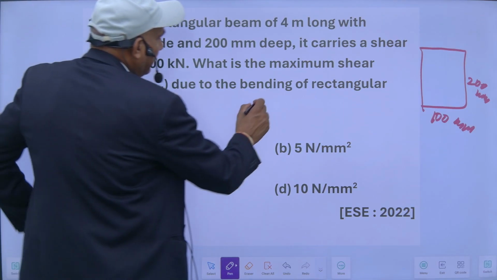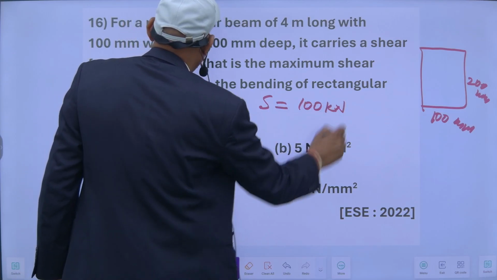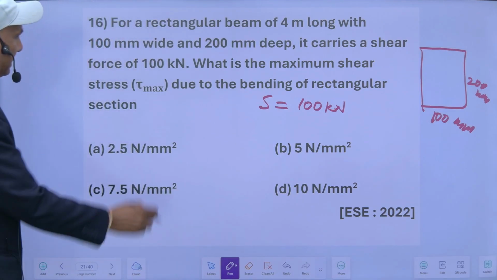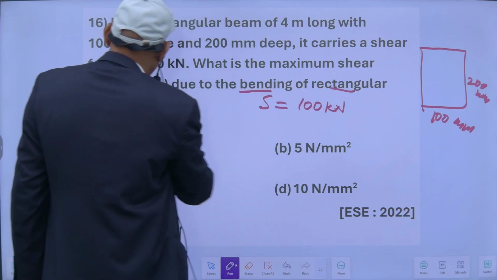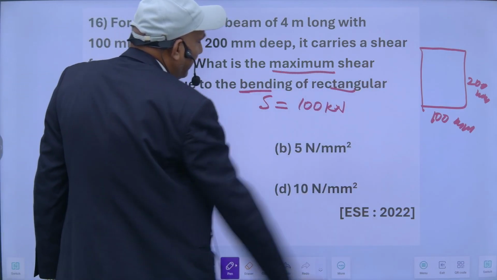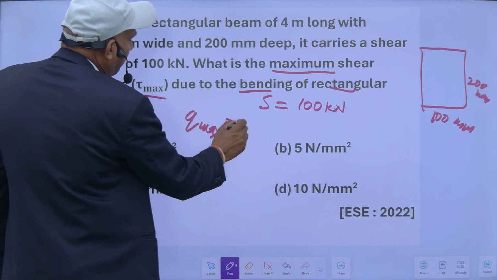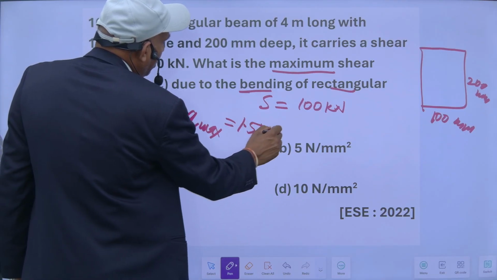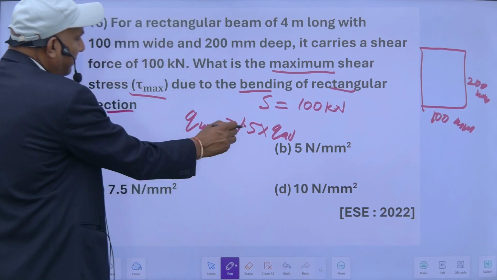Means shear force S is equal to 100 kilonewton. What is the maximum shear stress, tau max, due to bending of rectangular section? In case of rectangular, the tau max is 1.5 times tau average, means 3/2 of the tau average.